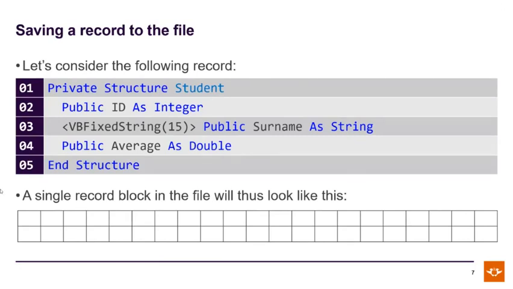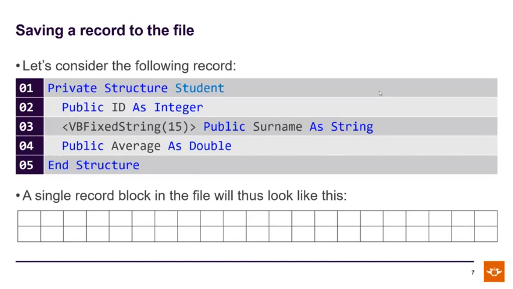All right. Where was I? VB fixed string. So this VB fixed string is basically saying that you have a string with a maximum possibility of 15 characters. But what it is also telling you is that there's going to be a maximum and a minimum of 15 characters being stored.